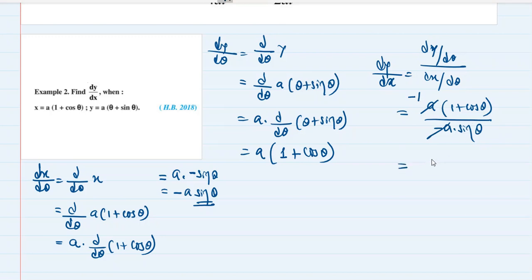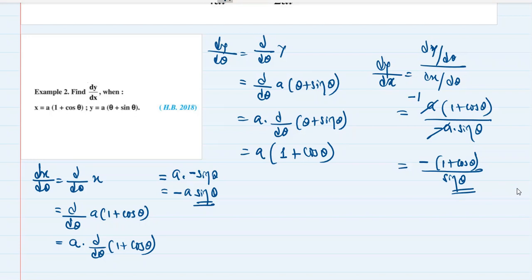You can leave it like that, so minus of 1 plus cos theta upon sine theta.